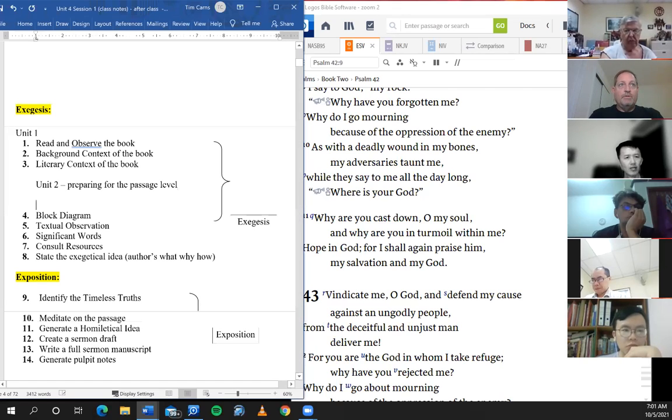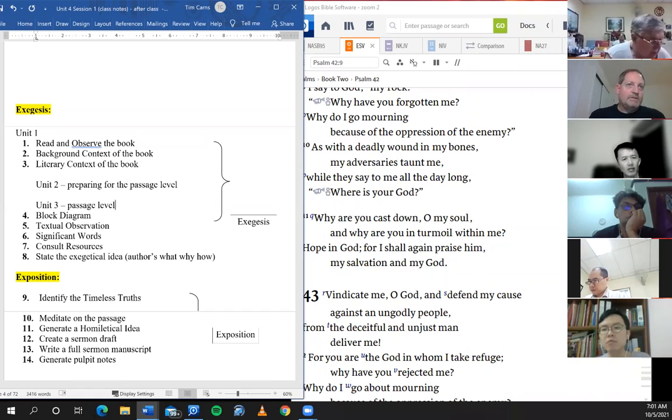Unit 3 was where we focused on the passage level. So Unit 2 was doing, remember those painful days of grammar and looking at connector words and prepositions and phrases and all that kind of stuff.